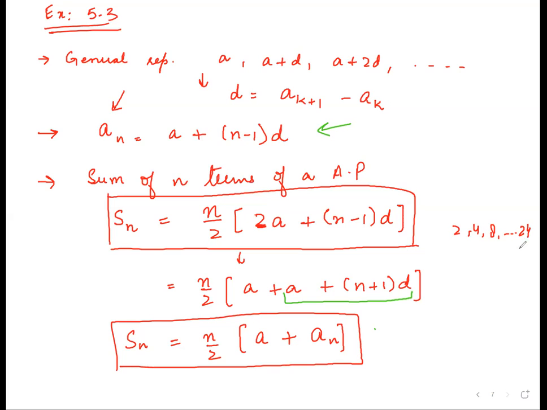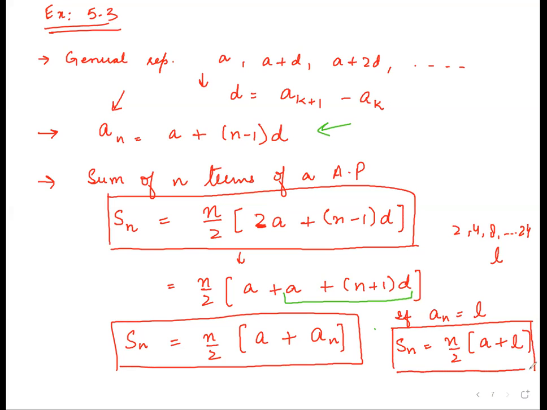We usually denote the last term by L. So in such cases, basically your nth term and the last term are the same. So if your nth term is actually your last term, we denote it by L. So the formula can also be written like this: Sn is equal to n by 2 into a plus L. So that's another form of the formula.